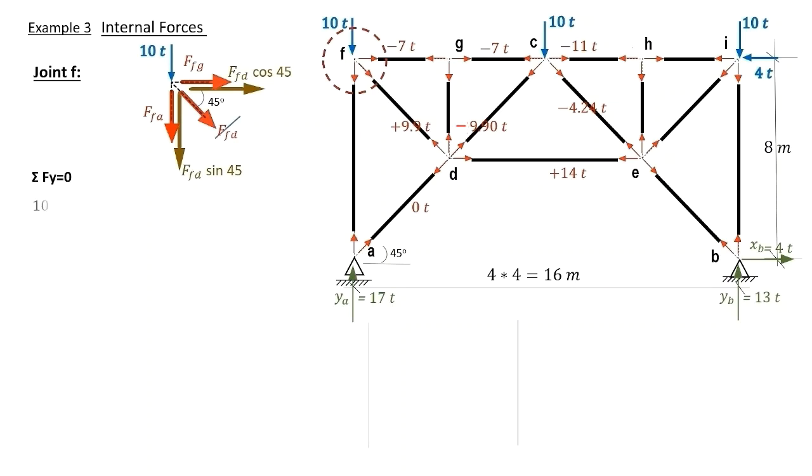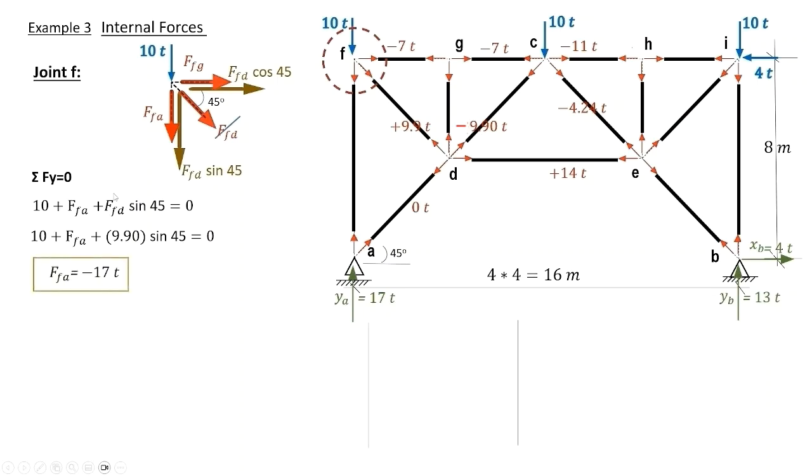Considering sigma forces in the y direction equals 0, we already have the force in FD, and we are left with the only unknown force in FA. We substitute for the force in FD by its value and sign, which gives FA equals minus 17 tons compression and is plotted on our diagram here.